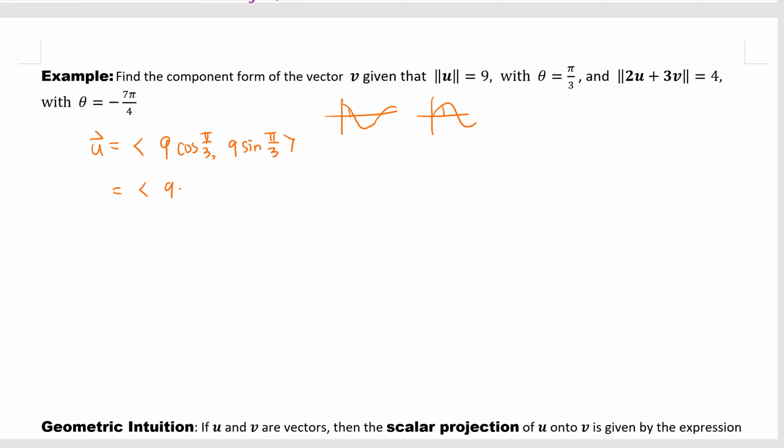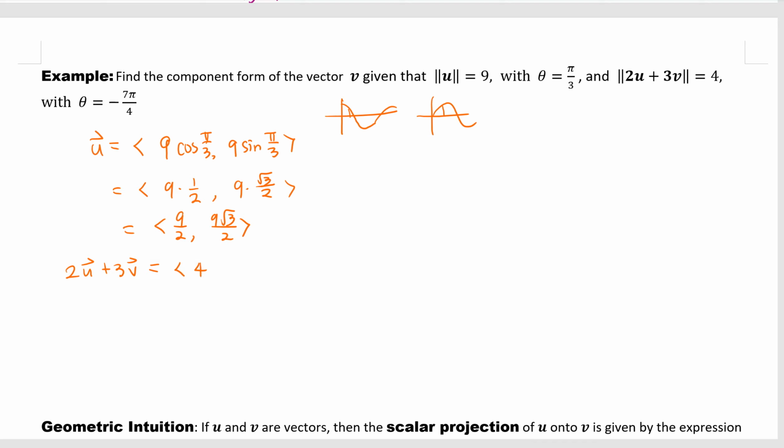So cosine is 1/2, sine is √3 over 2. So far so good, everybody. Then we have 9 over 2, and then 9 √3 over 2. That's the u.